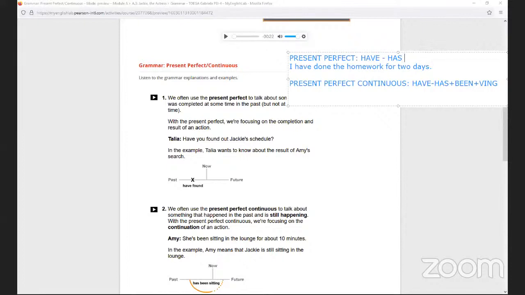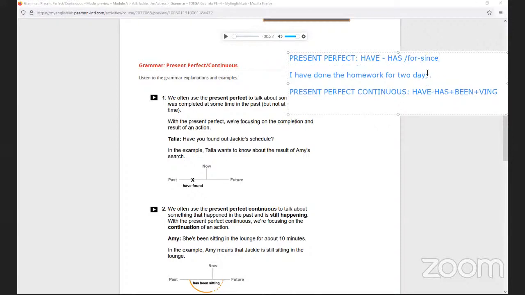Of course, we have to remember that when we use present perfect or present perfect continuous, talking about time, we always use for or since, right? Yes, we remember this. So my example here says, I have done the homework for 2 days. In present perfect continuous, I say, I have been doing the homework for 2 days.